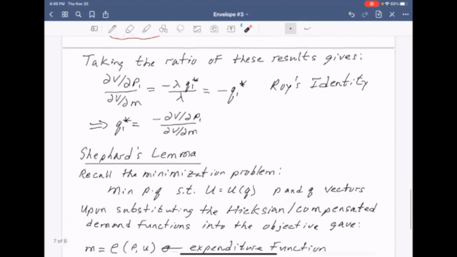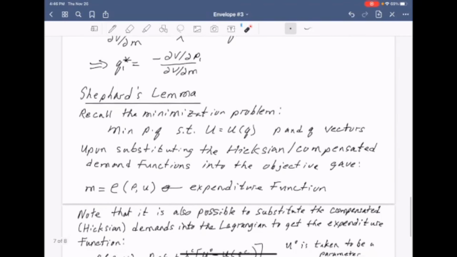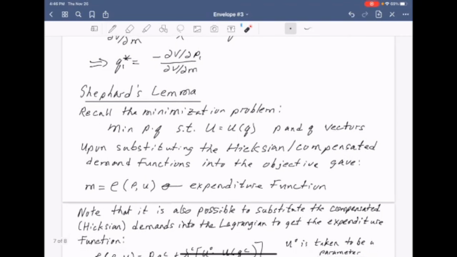So now the final one is Shepard's lemma. Recall the minimization problem that we'd been looking at, where we minimize the sum of the prices times quantities, subject to a particular level of output or a particular level of utility, a particular indifference curve, where P and Q here are vectors.